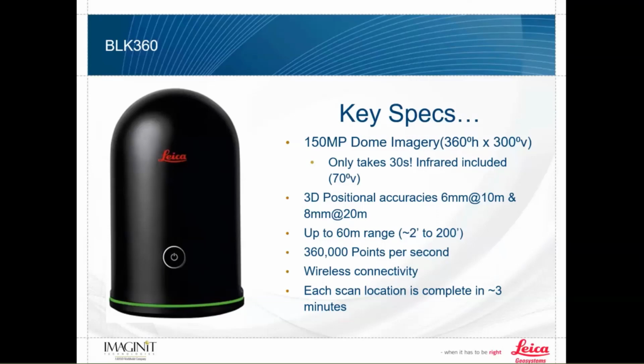Now, we're collecting data at a rate of 360,000 points per second. Now, that's impressive for a scanner this size, okay, and at this price point. So when we're talking about 360,000 points per second, we're talking about you being able to take 360,000 measurements each second.